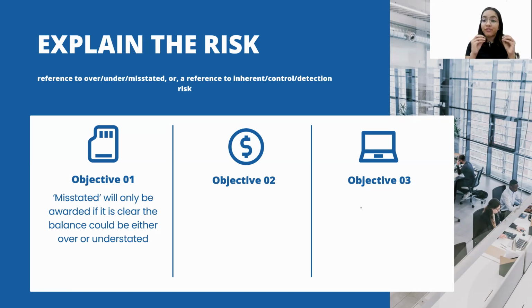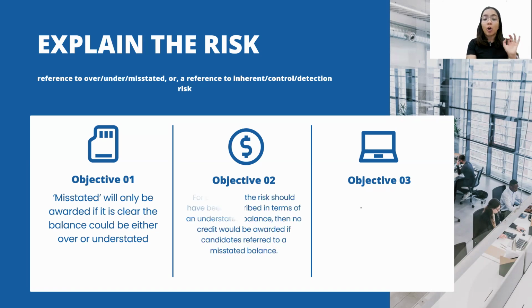If the question is very clear about understatement and overstatement and you are not able to analyze it and just write misstatement because of time problems or anything, you will not get any marks. The examiner has clearly said it.